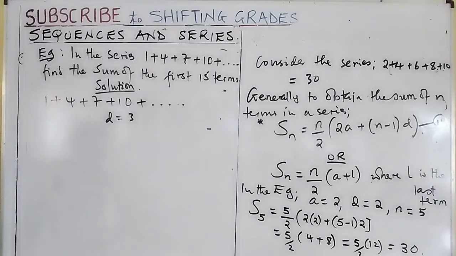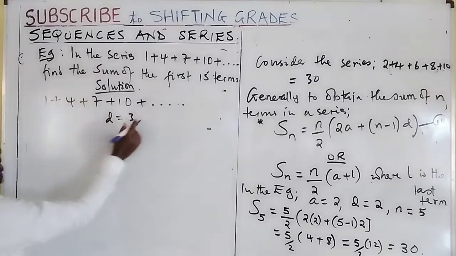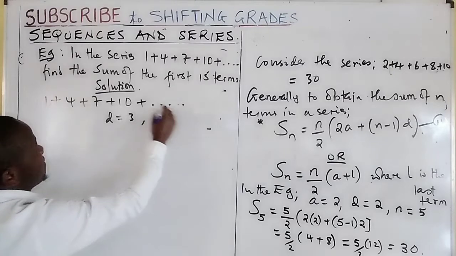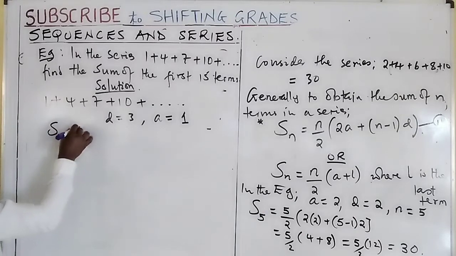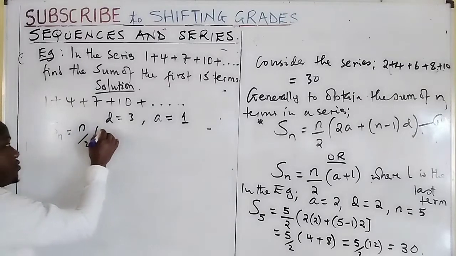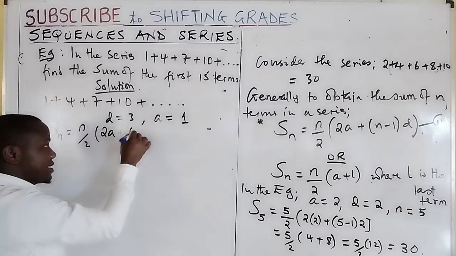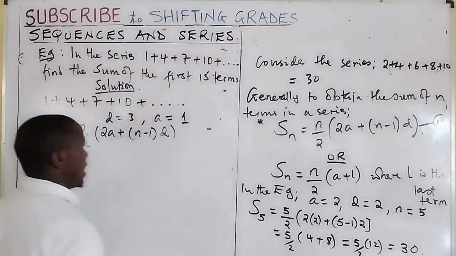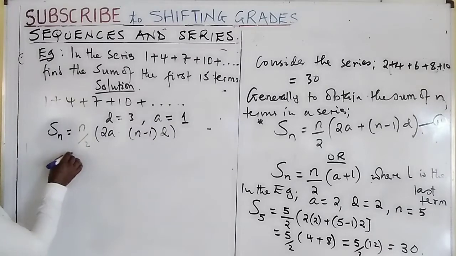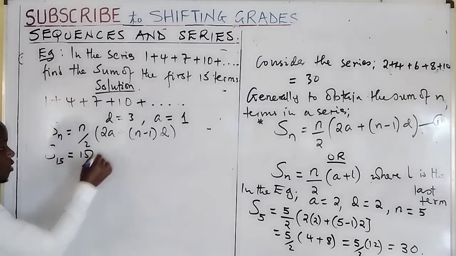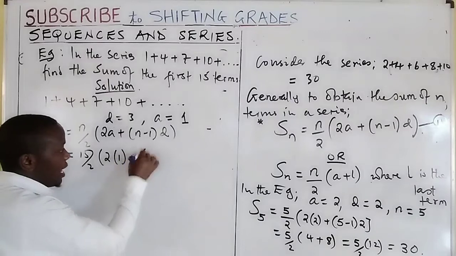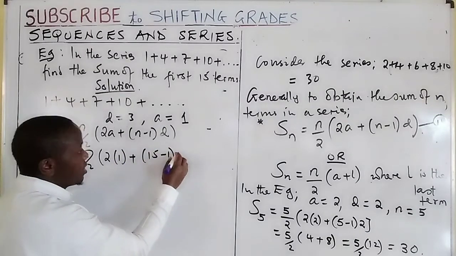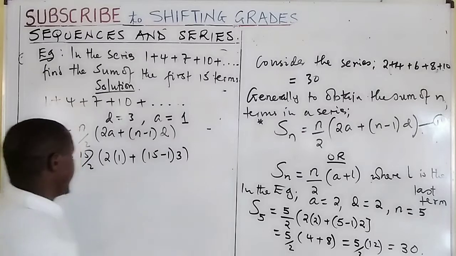Instead of getting all the terms and adding them manually, we can just go to the formula. In this case the d is 3 and the first term is 1. Therefore the sum of n terms is given by n over 2 into 2a plus n minus 1 multiplied by d. So the sum of the first 15 terms will be 15 over 2 into 2 times 1 plus 15 minus 1 times 3.